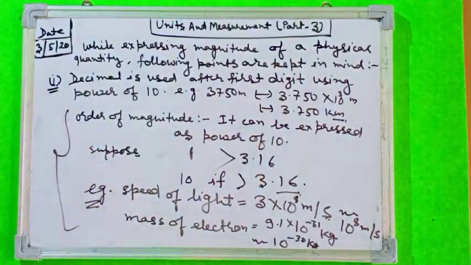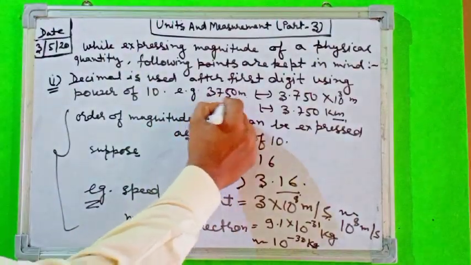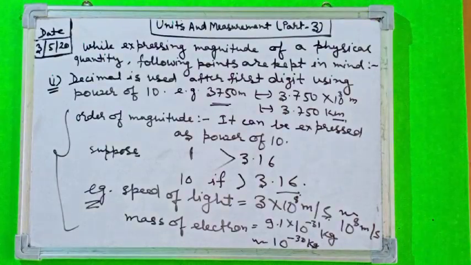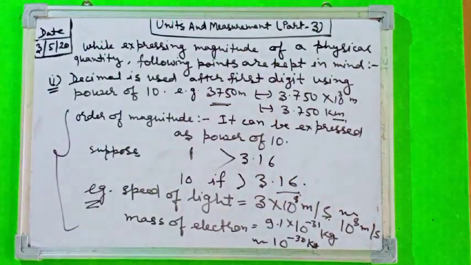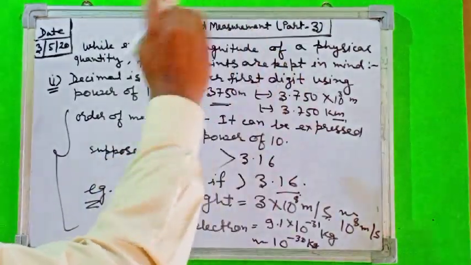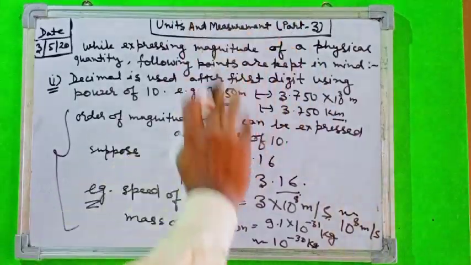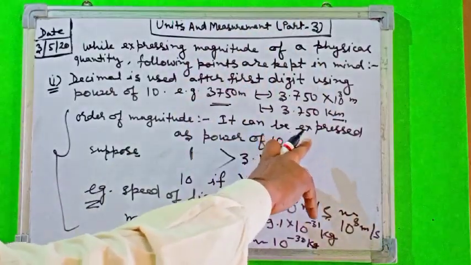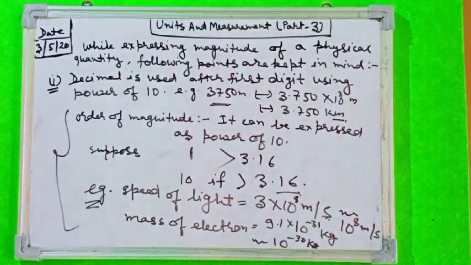So the first thing which we have to keep in mind is that whatever the measured value, it can be expressed with the decimal point just after one digit and expressed as the power of 10. The order of magnitude is used only for defining the range, and it can be written as the power of 10.